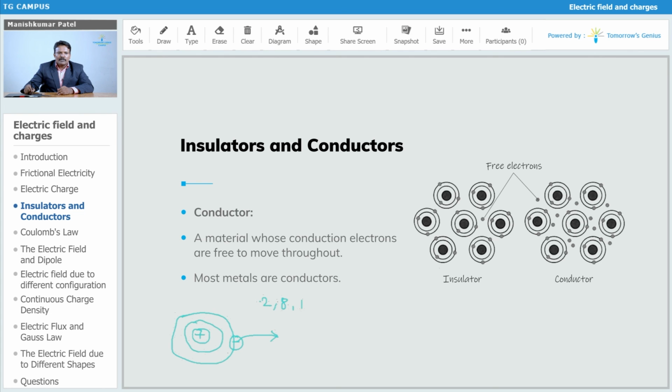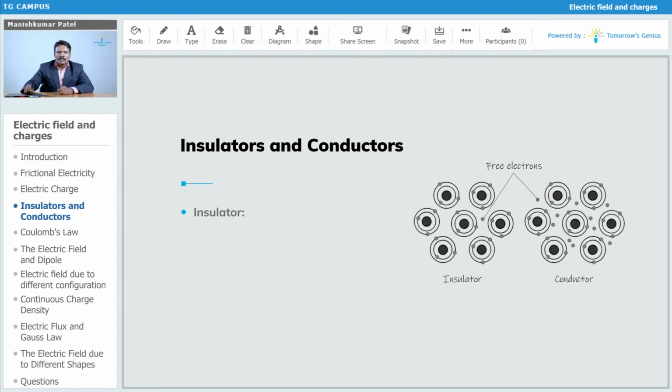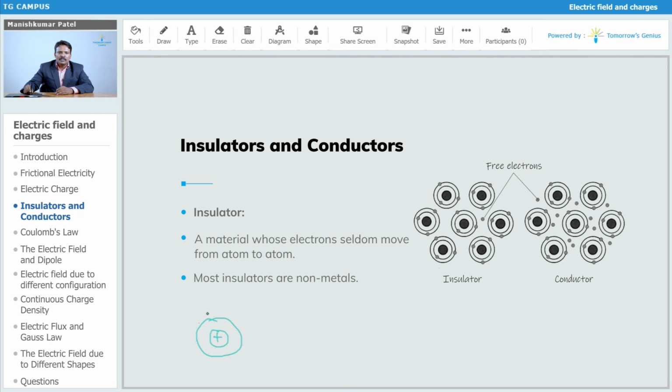Now if you consider the structure of an insulator, the number of electrons in its outermost shell is more than 4. So the electrons are tightly bound to the nucleus, and because of that they can't become free. So the number of free electrons is very small, and that is the reason why there is no conduction through an insulator.